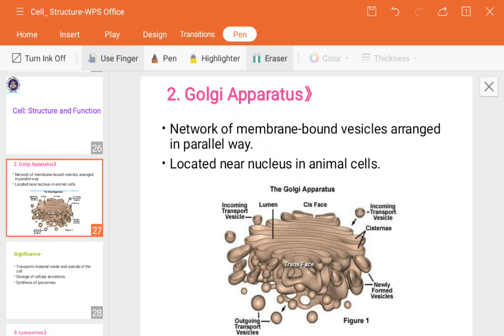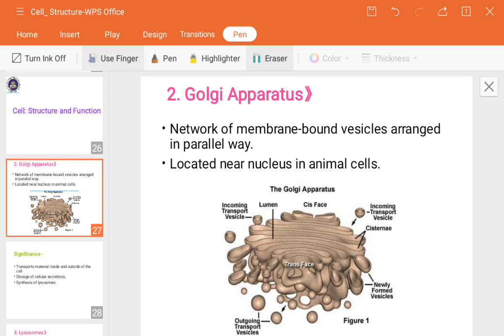In plant cells, the Golgi apparatus is called dictyosomes. So what is it called? It is called dictyosomes, but only in plant cells. In plant cells they are freely distributed, and they are not attached to the nucleus or the nuclear membrane.